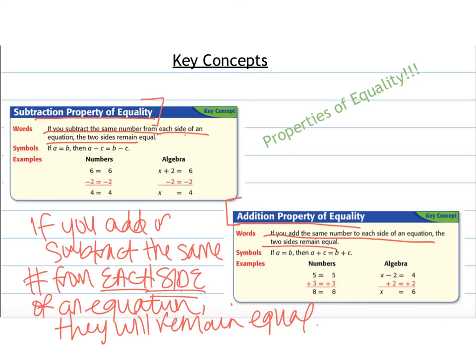We added or subtracted, depending on what we started with. We did the opposite. We added or subtracted the same number from each side, and they still were the same.